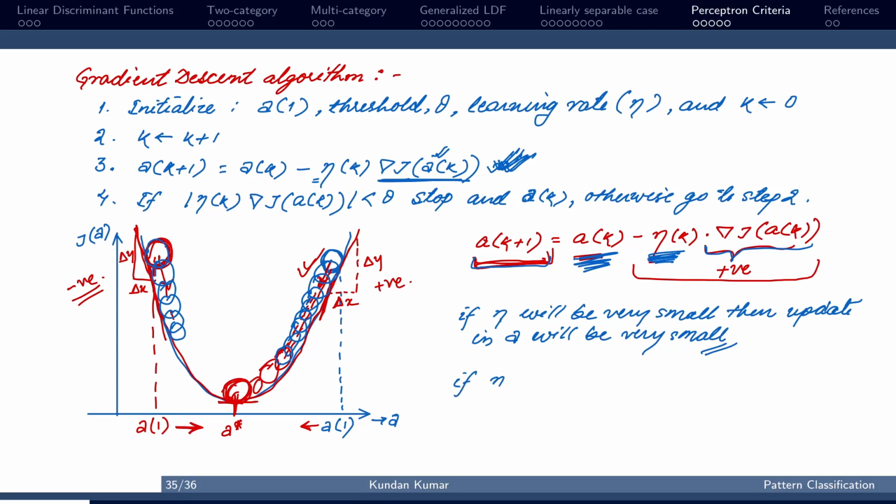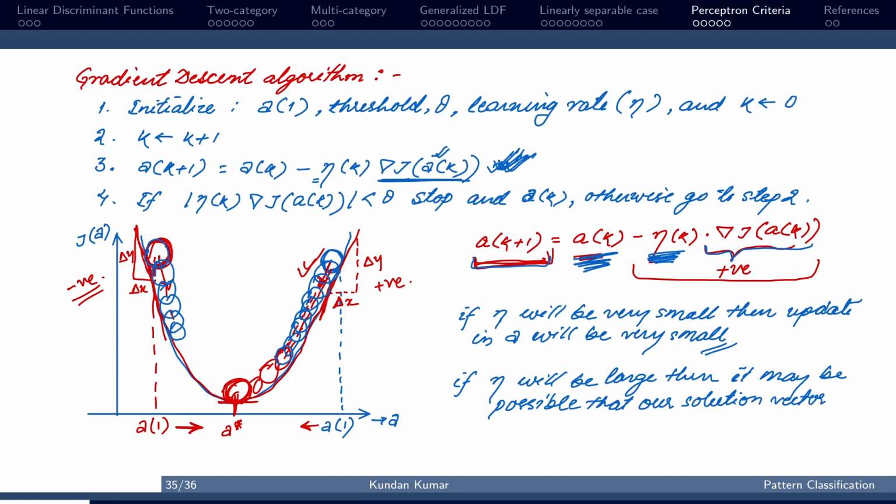If eta is very large, then it may be possible that our solution vector will go out of this curve.